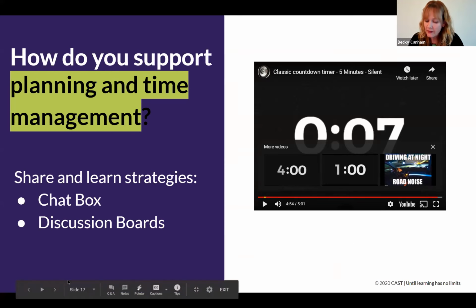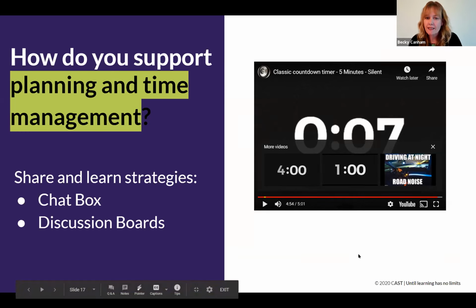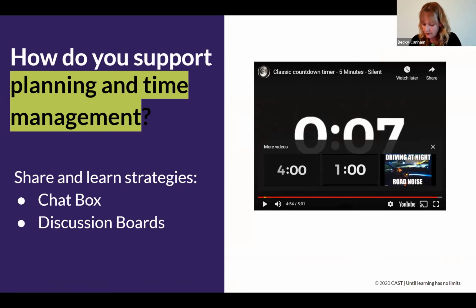I saw a lot of ideas around scheduling, being very specific with schedules, including links for all activities or tasks, reinforcing schedules, starting with a morning meeting to go through the schedule, also supporting students with visual schedules, color-coded schedules, using some of our digital tools in Google Classroom to really help students organize their day and their time for planning. Chunking assignments into smaller tasks I saw, which I think is such a great idea and very important for many learners at all levels.